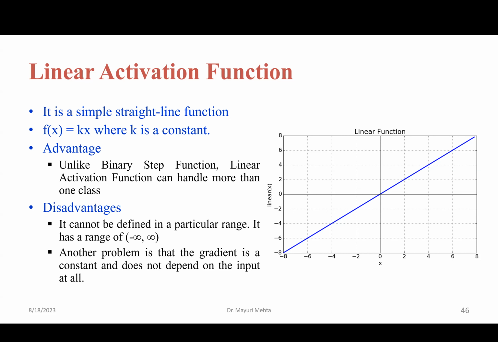And when it is constant, it leads to poor improvement in the neural network. The neural network will not really improve with a constant gradient. Gradient should not be constant. So that is the problem: the gradient with this activation function is constant and does not depend on the input. So these are the drawbacks of this linear activation function.